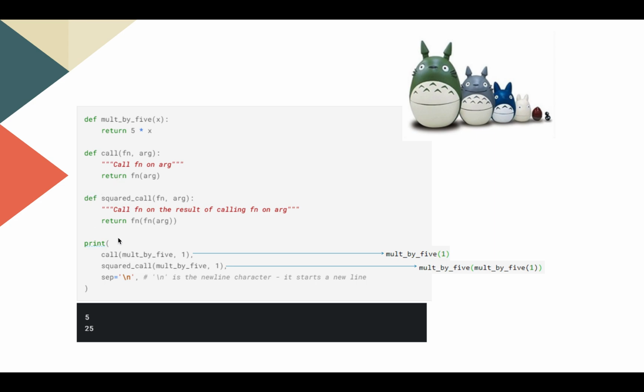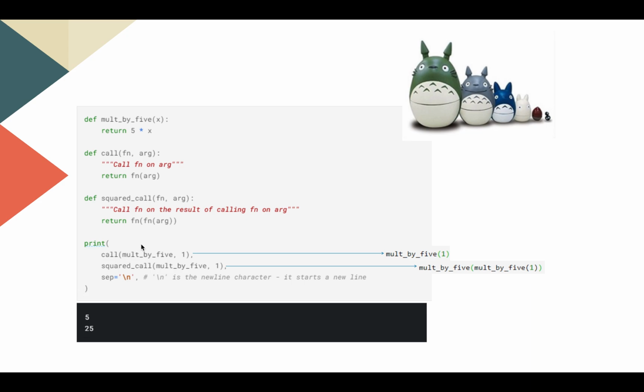So at print, we can see that call returns the result of applying multiply by 5 on 1, and squared call returns the result of applying multiply by 5 2 times on 1, which results in 25.